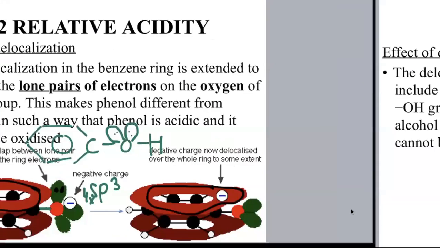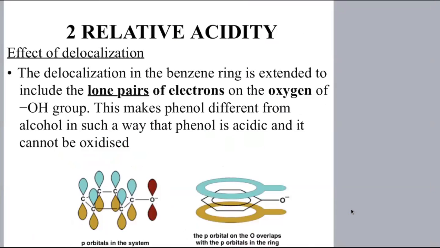I hope that's self-explanatory. This is another diagram showing you the extension of the delocalization. So you look here, these blue and yellow orbitals are showing you the delocalized ring system above and below the plane. The blue one is above and the yellow one is below, but they're all still part of the pi system.